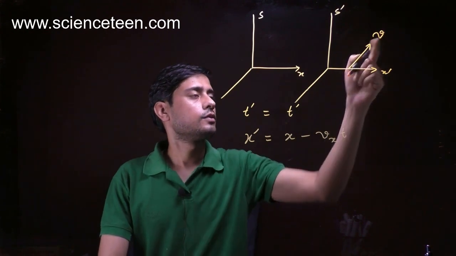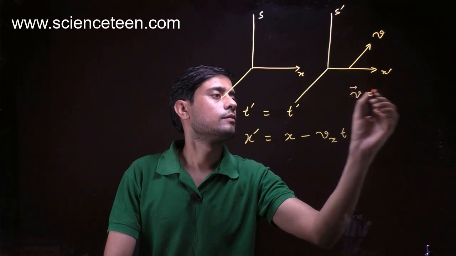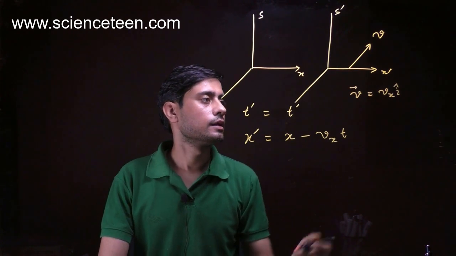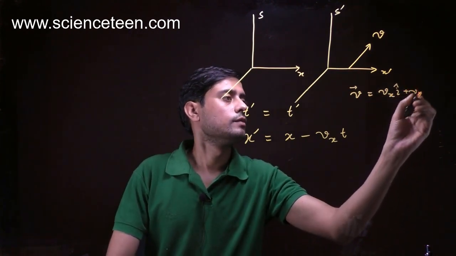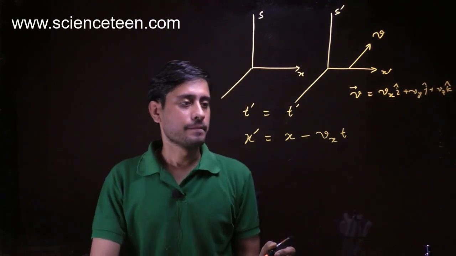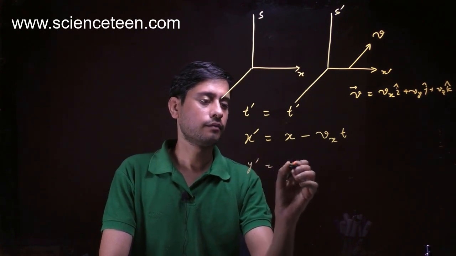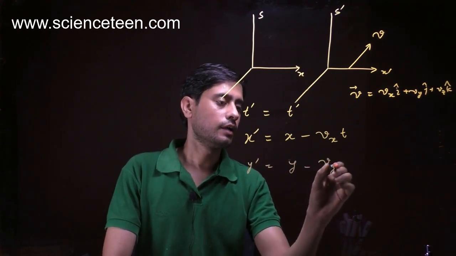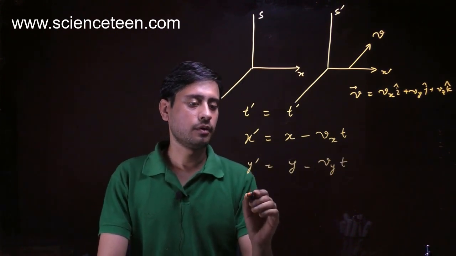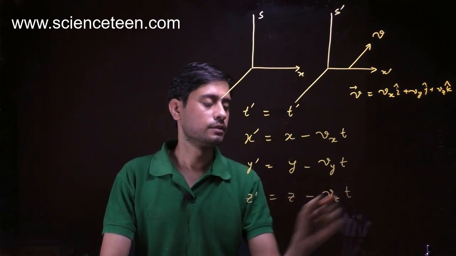This velocity can be written like this: v equals Vx i cap plus Vy j cap plus Vz k cap, where i, j and k are in the x, y and z directions. And for y prime we will have y minus Vy t, and for z prime we will have z minus Vz t.